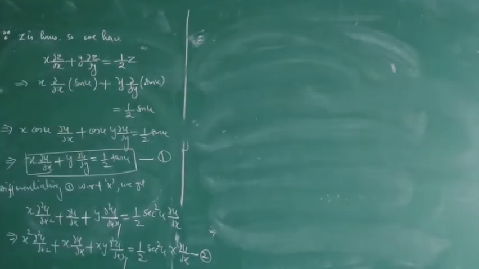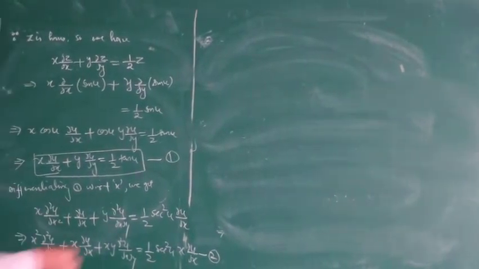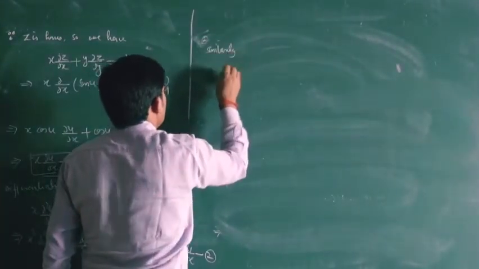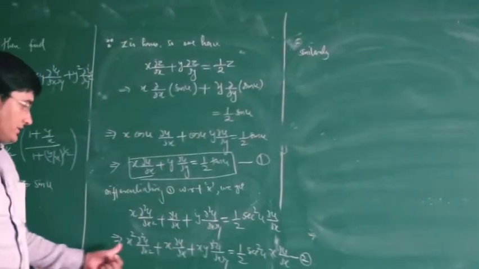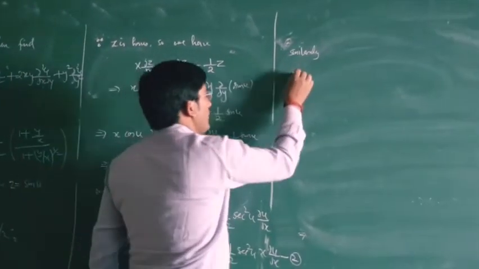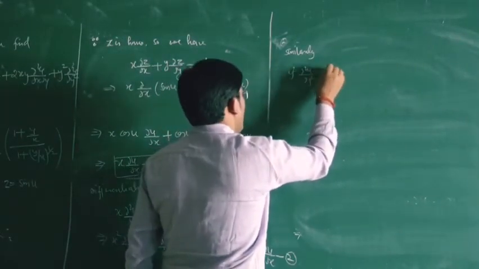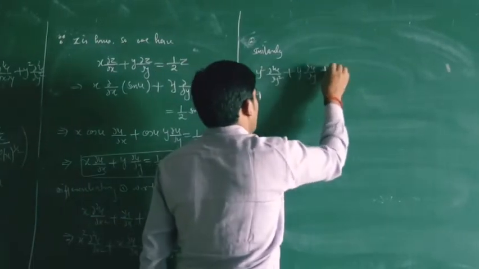Similarly, if we differentiate this equation with respect to y, just replace your x and y. If we replace x and y, then we will get y square del squared u upon del y squared plus y del u upon del y plus xy.